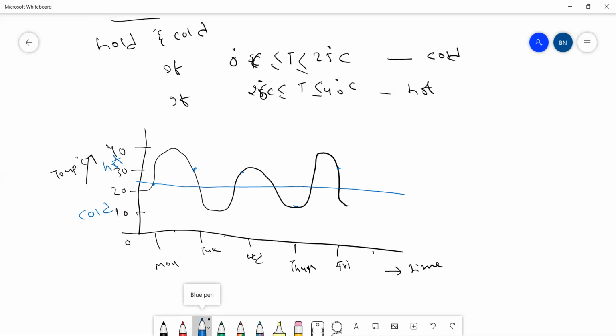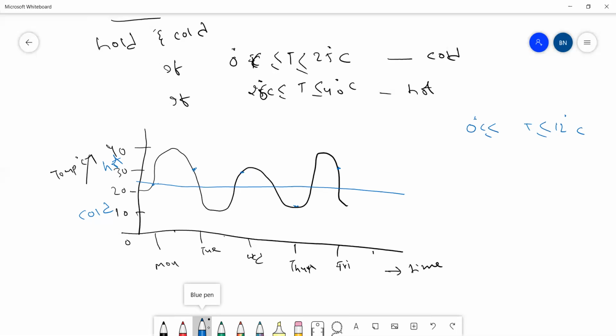Now suppose you take one other thermometer, which can record four possible temperatures. If the temperature is between 0 degrees centigrade to some 12 degrees centigrade, it is recorded as cold.